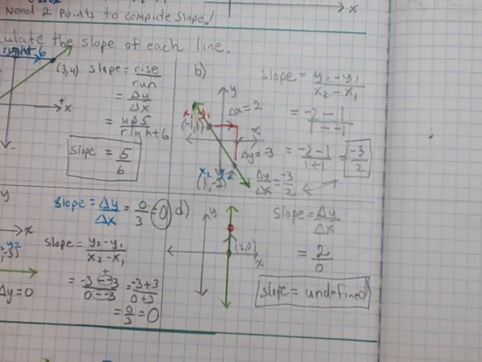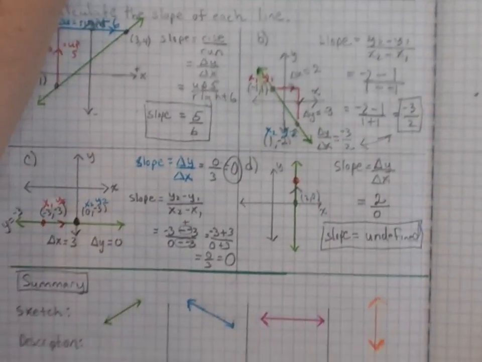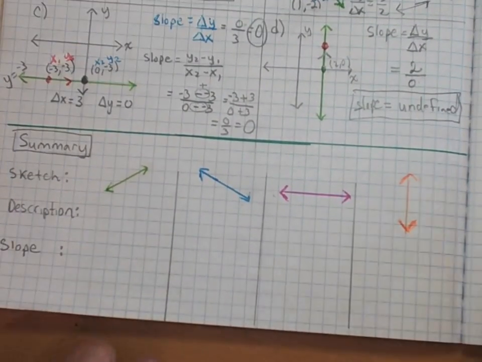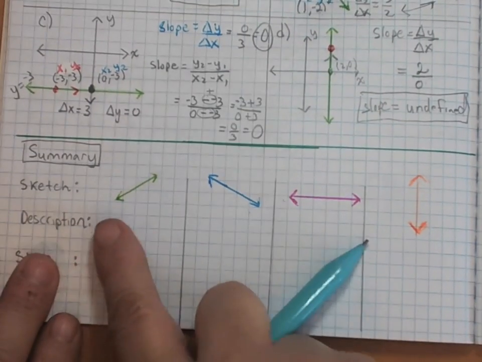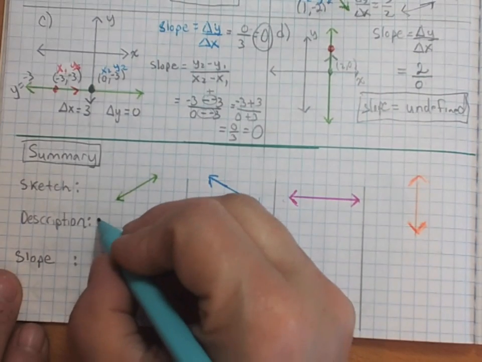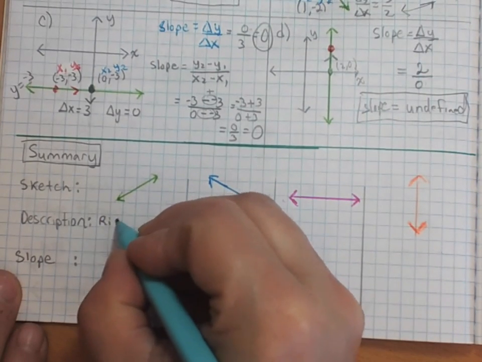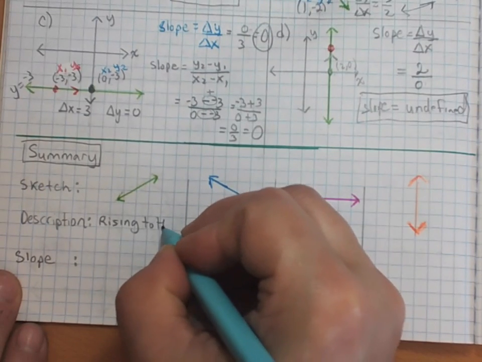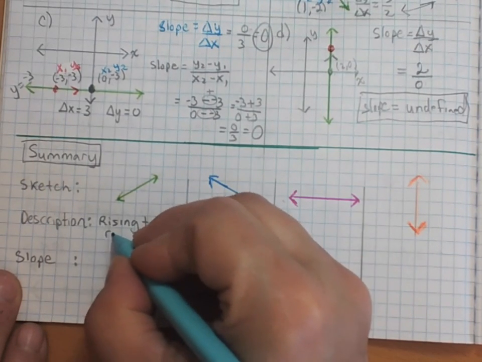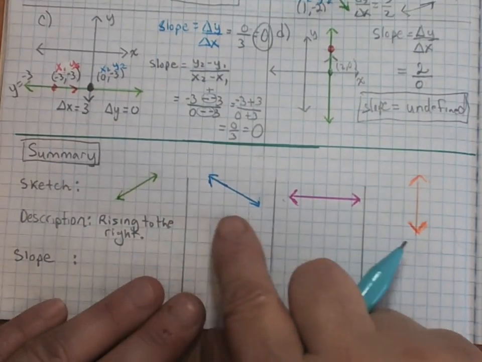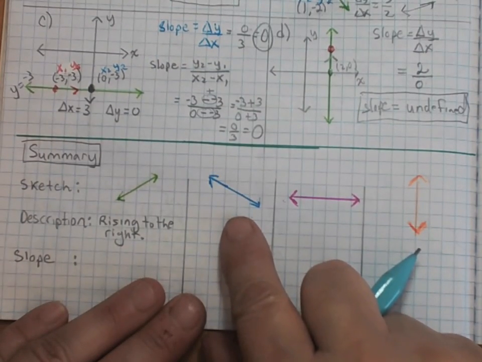All right, so just in summary, these are 4 lines that we've explored. We have our rising to the right line. We have our falling to the right line.